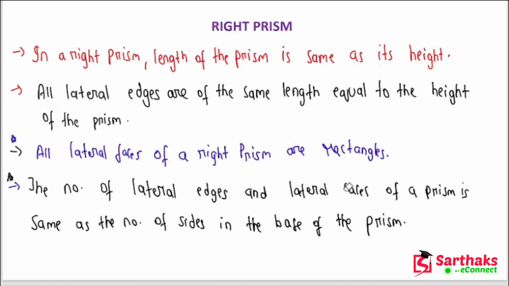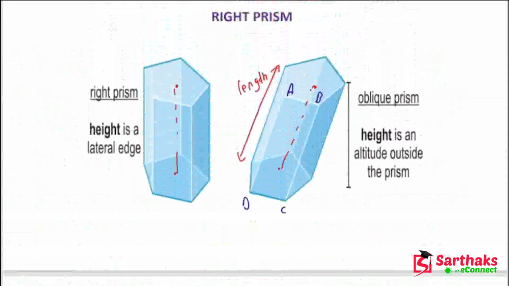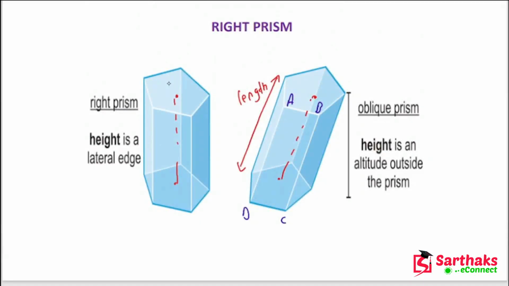This property I have also shown you. See here, the base is a pentagon which has 5 sides, so you can count 5 lateral faces. Here also the pentagon has 5 sides, so 5 lateral faces, 5 lateral edges. Had it been a hexagon, then there would be 6 lateral faces, 6 lateral edges.